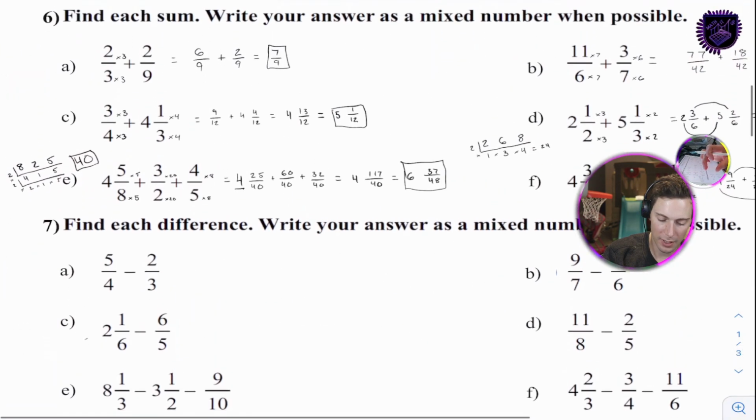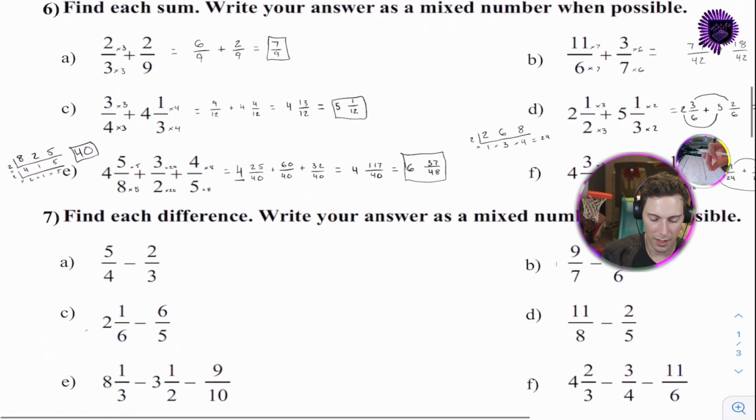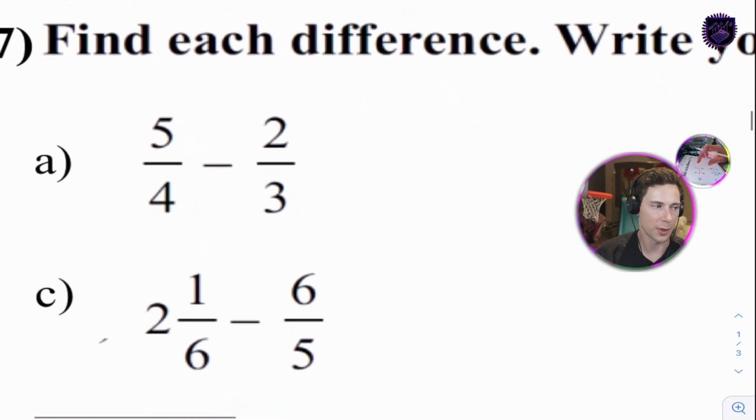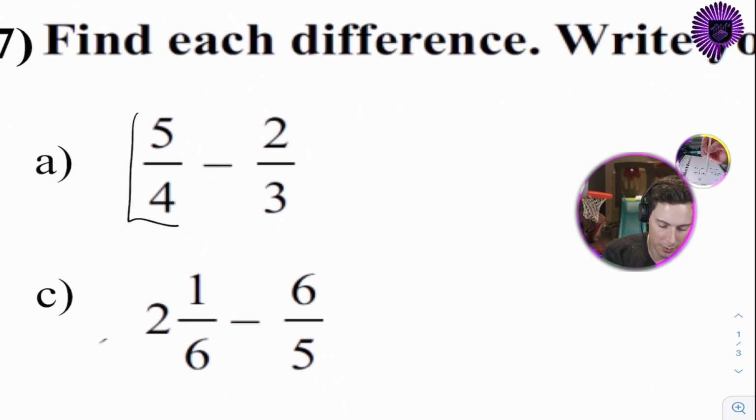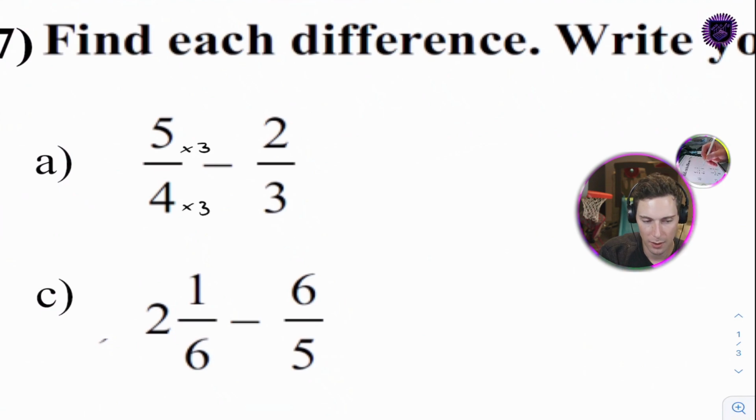All right, 7A. Same deal, but now we have to take some extra steps with our mixed numbers. Okay, so starting off with an improper fraction here. Interesting. It's good for us, though. Okay, so 4 and 3, so we're going to cross multiply, times 3, times 3, times 4, times 4.